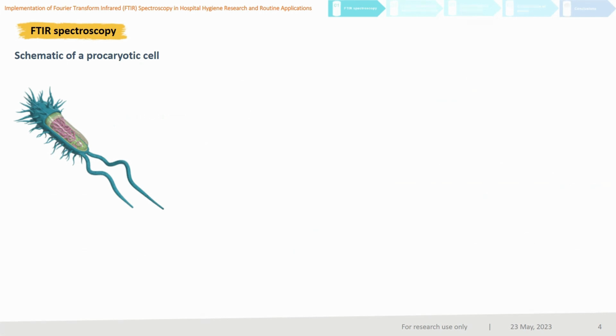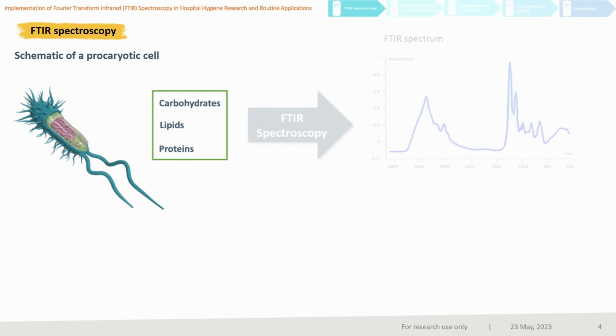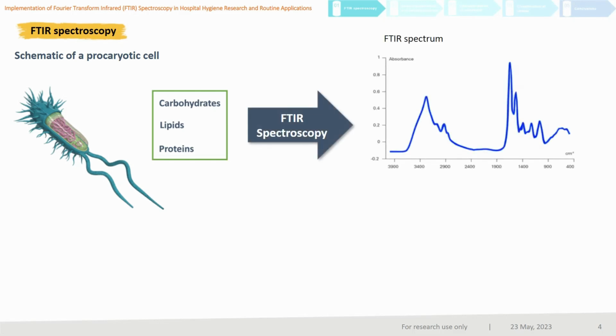So, how can we apply this technology to bacteria? Well, all bacteria are formed of various components such as carbohydrates, lipids, proteins, and these compounds can absorb the infrared light. Depending on the specific structure and composition of these molecules, the frequencies at which they absorb the light are different, and then the FTIR spectrum obtained is different and highly specific.